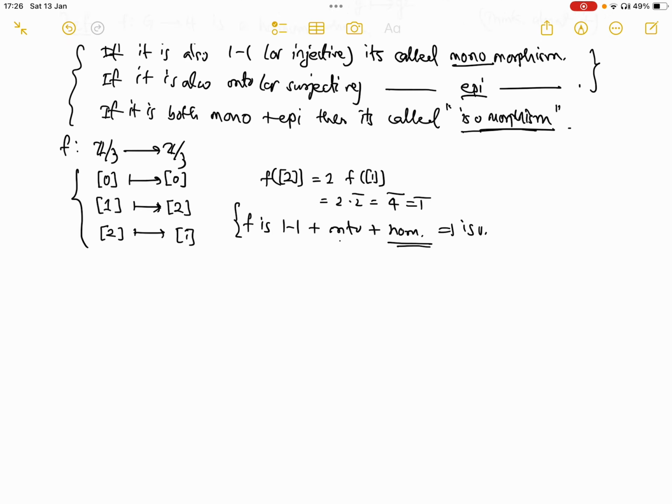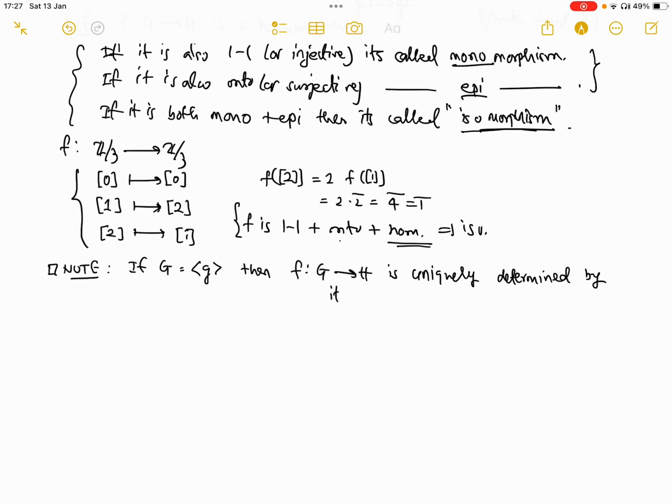And in fact, let me make a note. If G is a cyclic group, then a homomorphism here is uniquely determined by its value on G. So basically, if you know the value of f at the generator of the domain, it's enough.